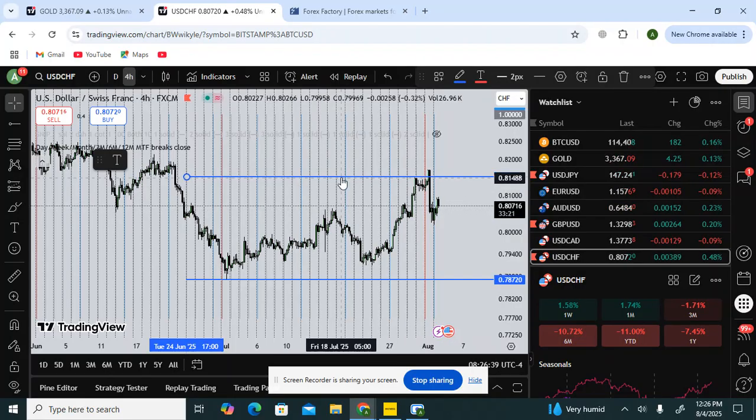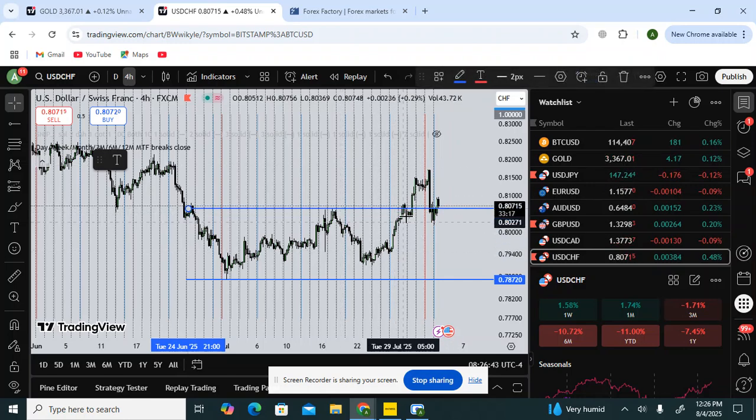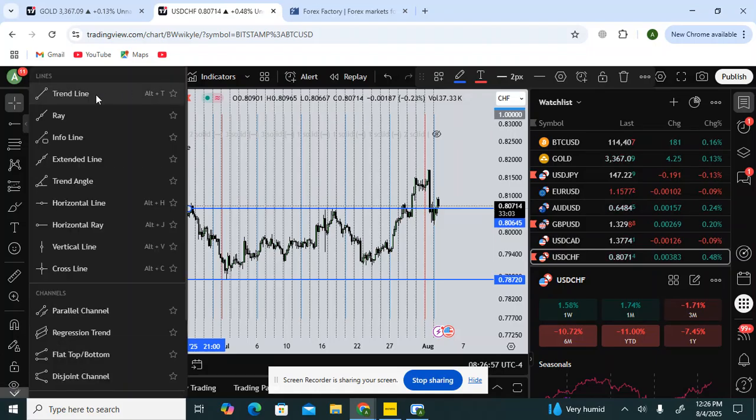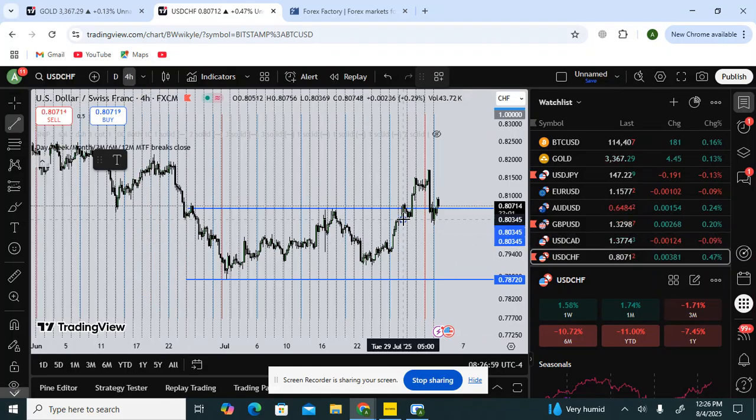You see, price broke out in the late week of the previous month. It broke out, it pulled back. But the pullback gave a what? A lower low. You can see here the pullback gave a lower low.